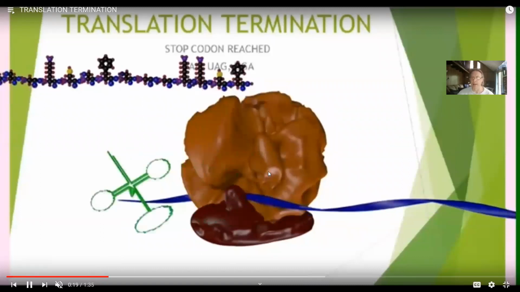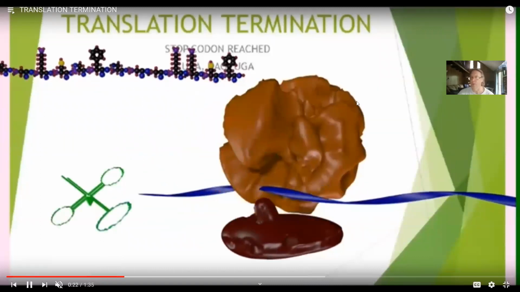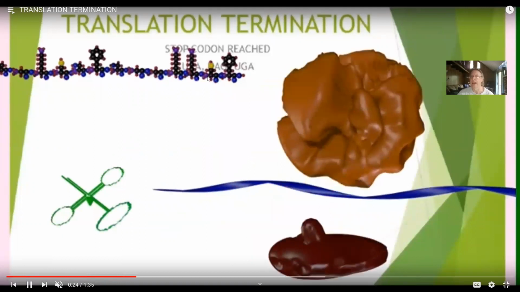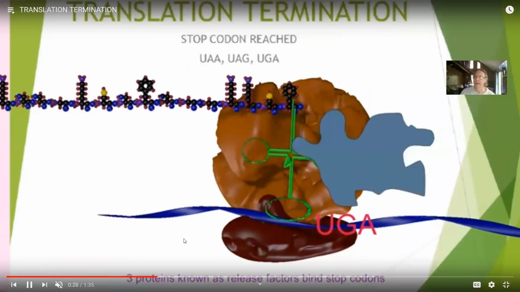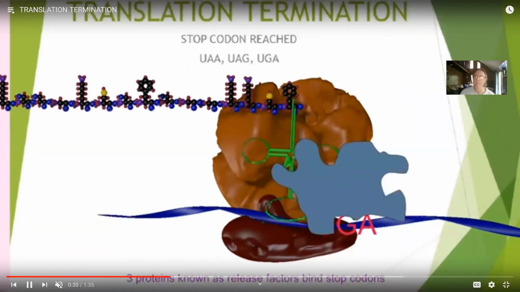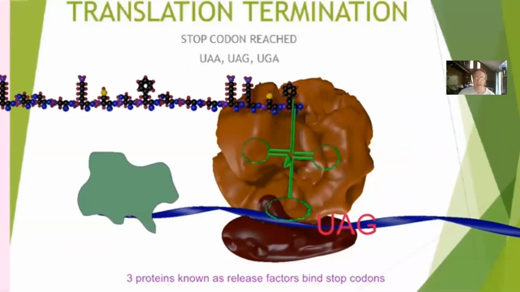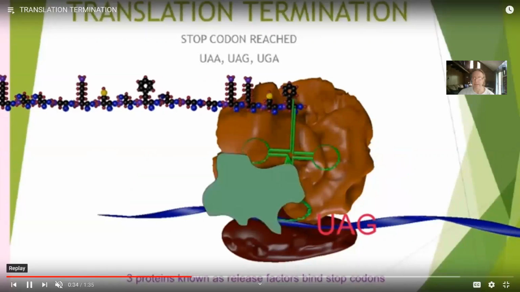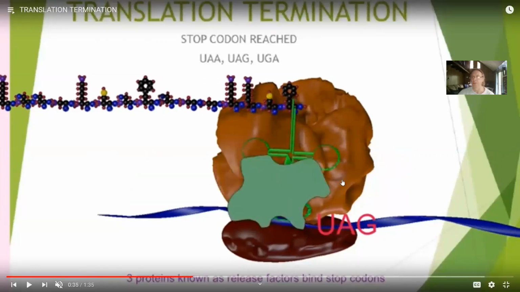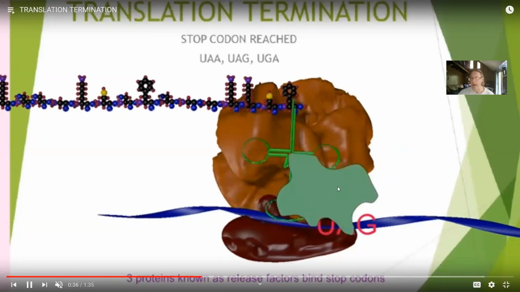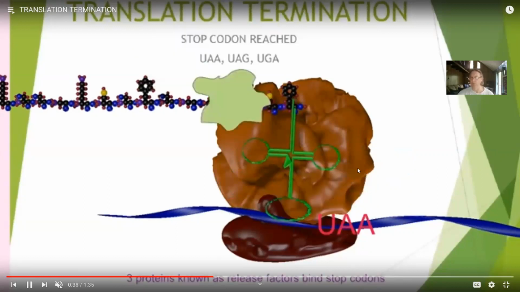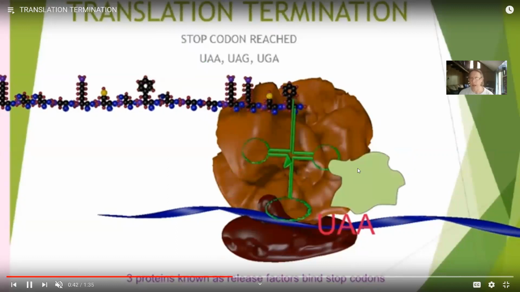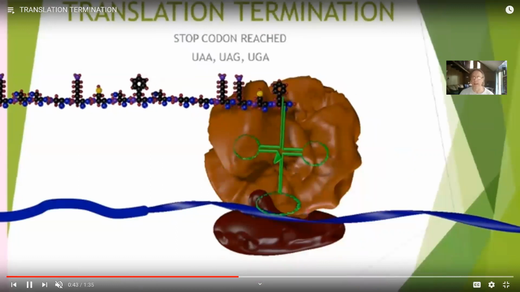Now, when this happens, the subunits of the ribosome will dissociate, and all of these will go their separate ways. As you might have guessed, there are proteins which I have omitted from this process. There are a couple of other factors which will be integral here.